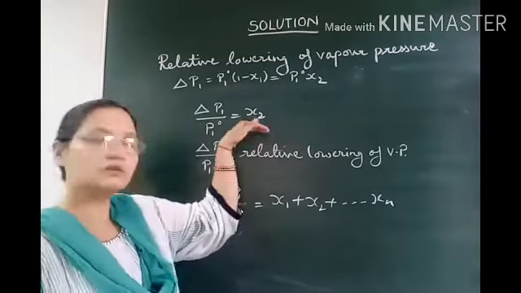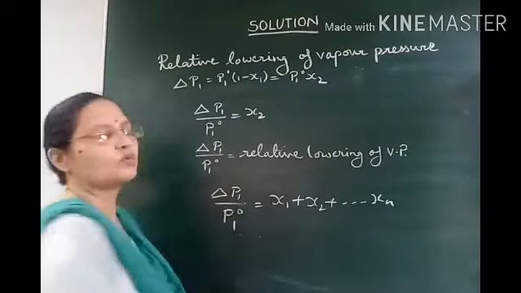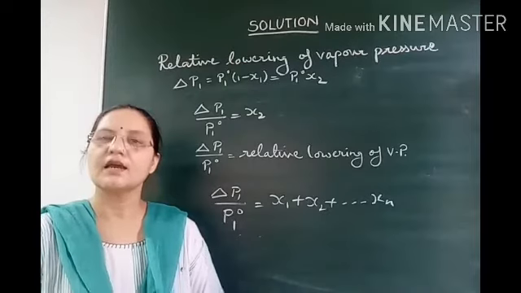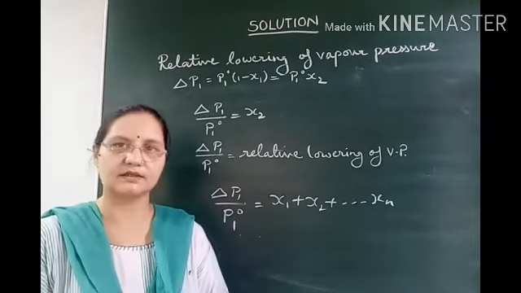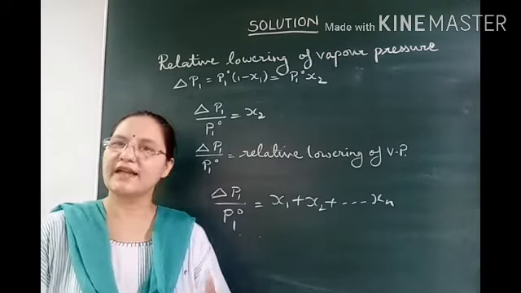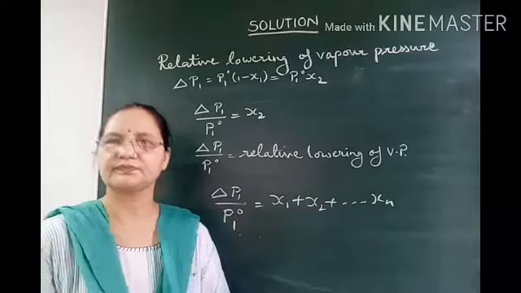Now come back to the previous solution, which is a binary solution, X2. What is X2? X2 is the mole fraction of solute particles. Do you know the definition of mole fraction? How can we calculate the mole fraction?